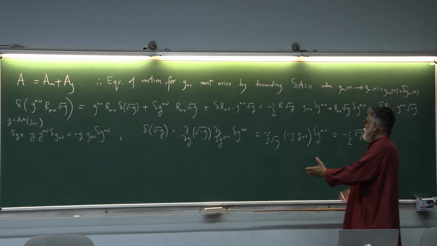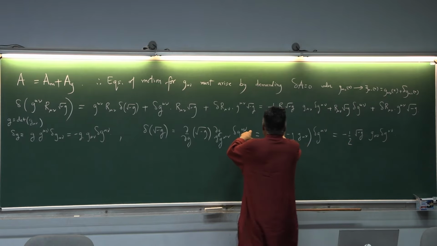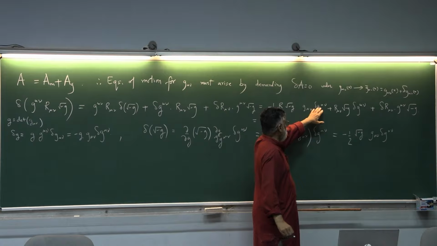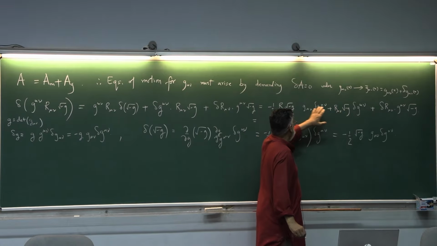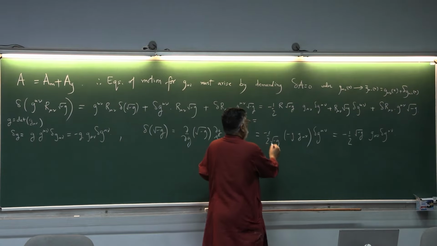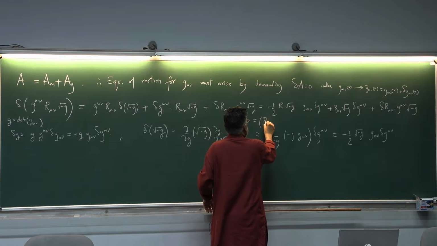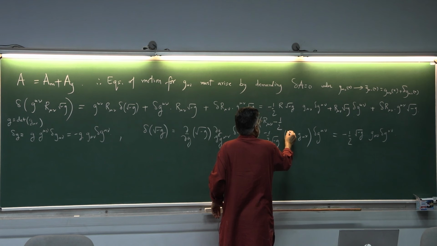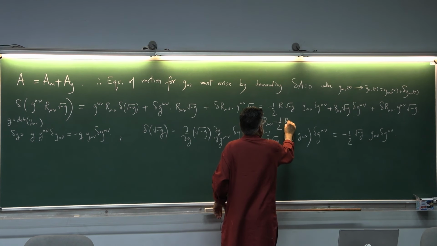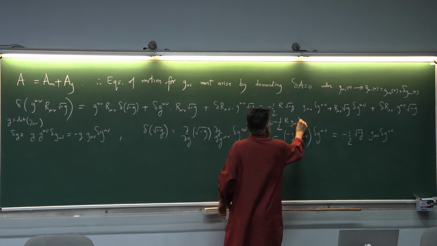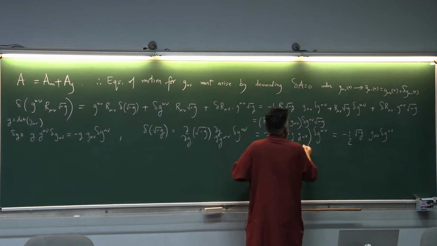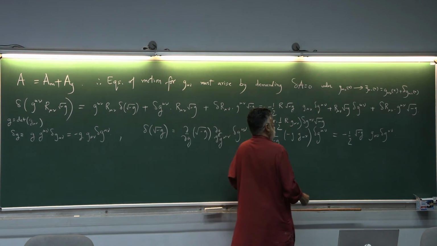By the way, since I have done this, might as well go one line and get a neat result. Delta G mu nu is common, root minus G is common, and then you can see that this is nothing but R mu nu minus half R G mu nu into delta G mu nu into root minus G. That is nothing but the Einstein tensor.